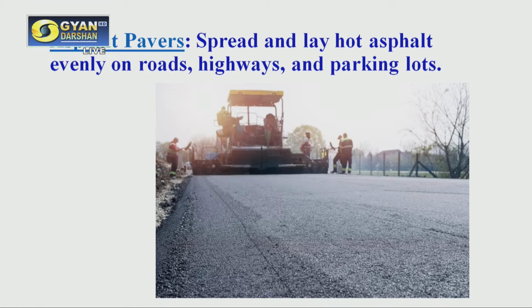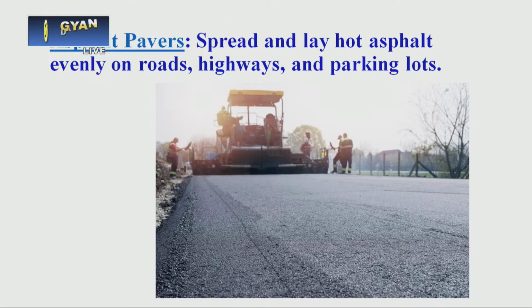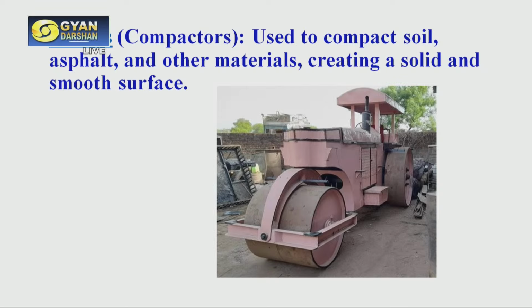Then another type of machinery or equipment is asphalt pavers. These pavers are used for road construction, for laying the asphalt and leveling it. So this is used for making flexible pavement, in which asphalt is used. And then another type of machinery is the roller.